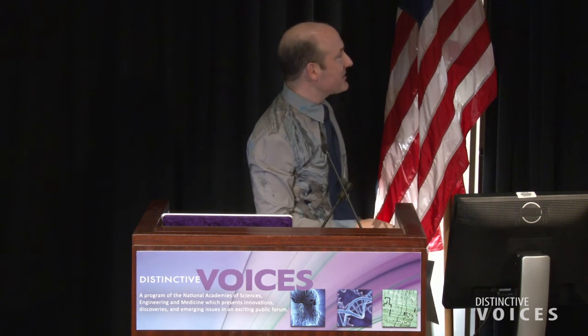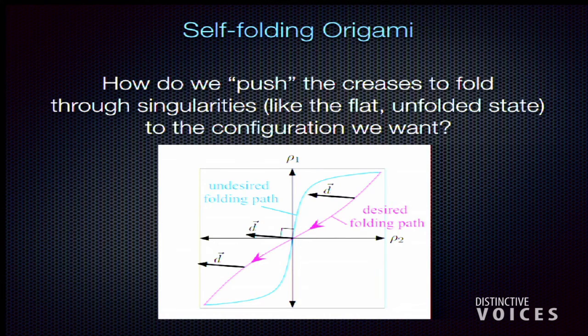Okay? And so if I'm at some point on this curve and I want it to fold, what I'm really doing is pushing these folding angles in some direction with some vector. Okay? If I want to be able to go to the center point there, that's where our folding angles are 0, that's where we're flat.